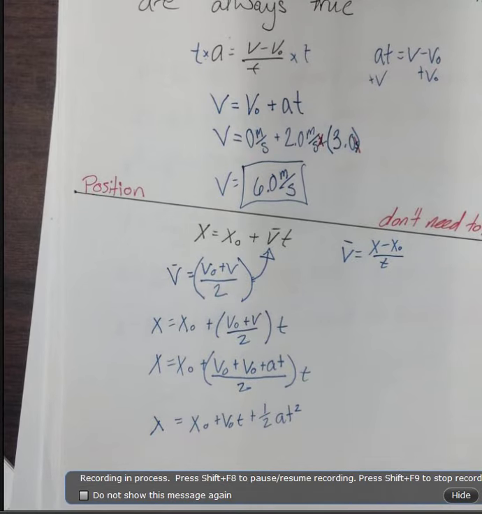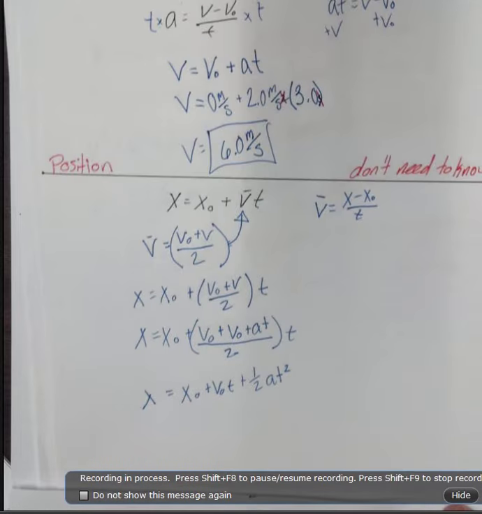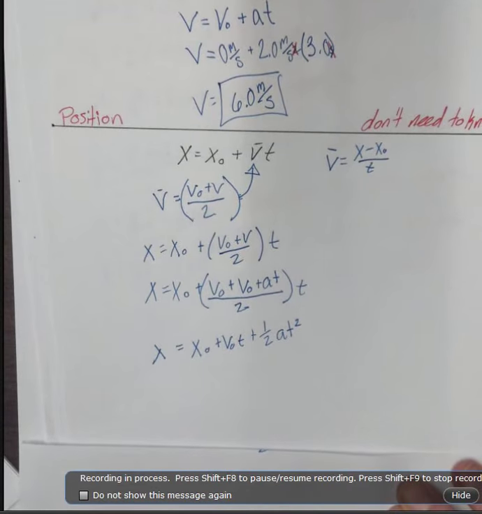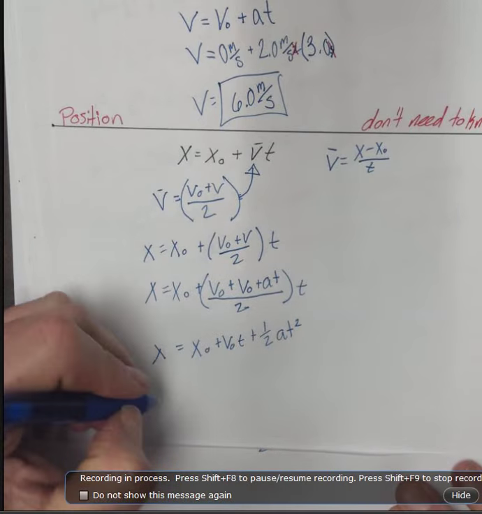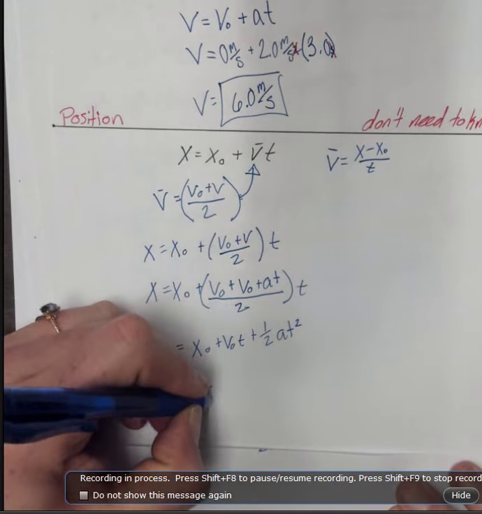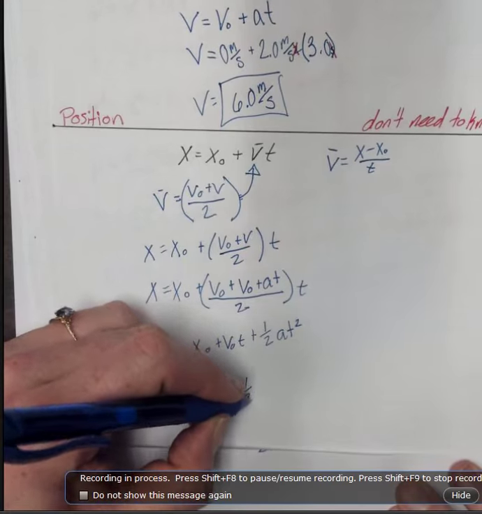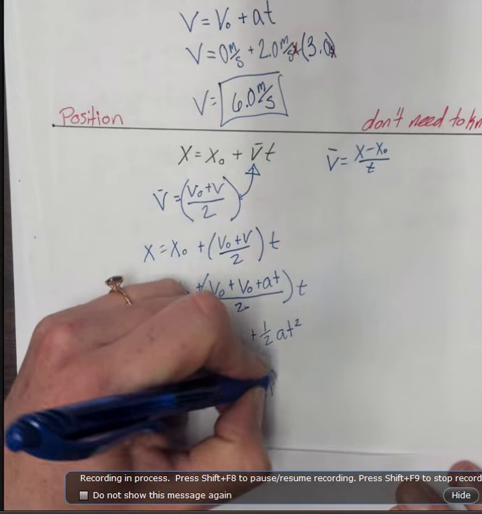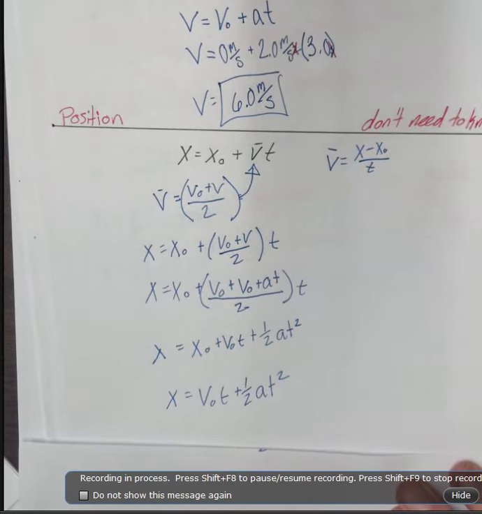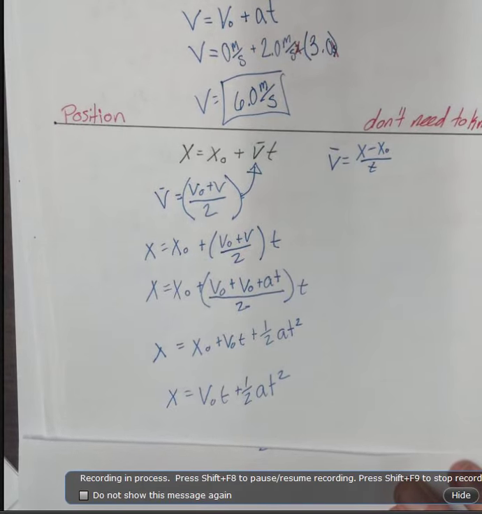Most of the time when you see this equation written, you can rewrite it in the form of x equals v naught t plus 1/2 a t squared. And this is valid anytime you don't have your final velocity. And that was just done with some simple substitution.